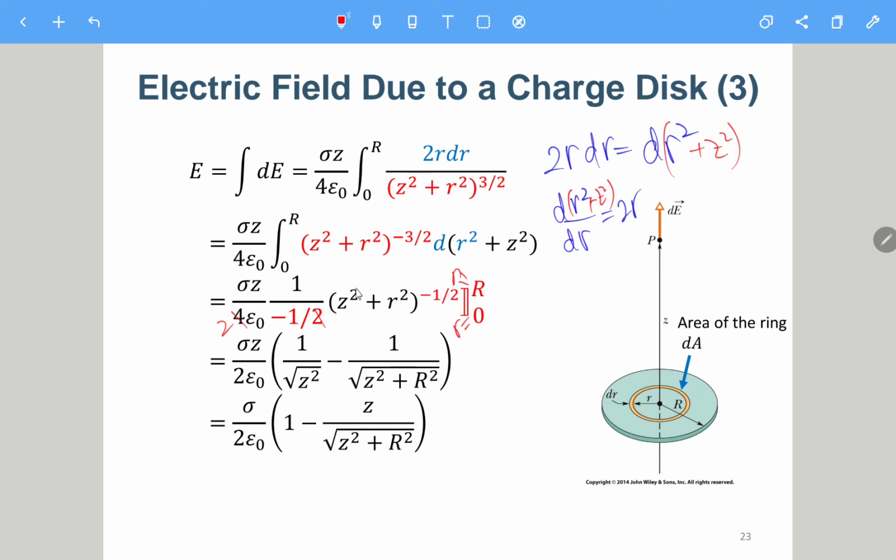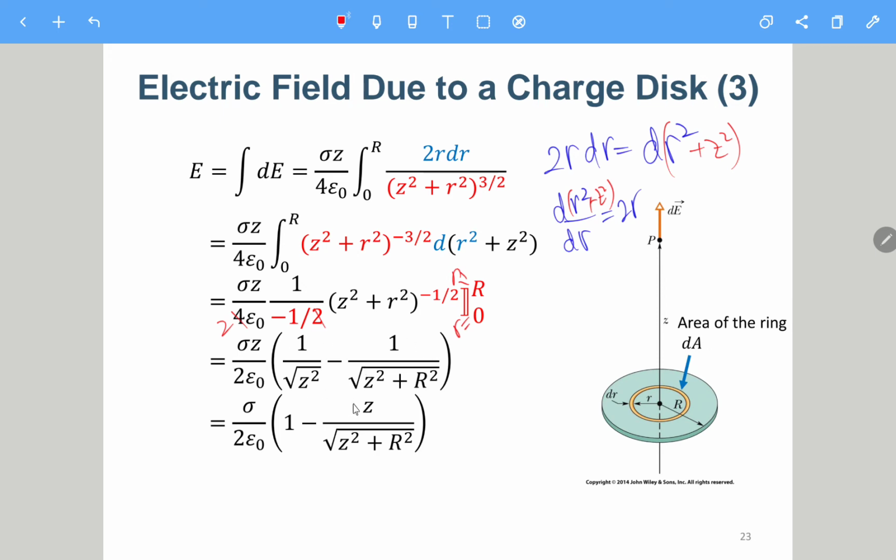So we have 0 square plus z square, and then take the negative 1 over 2 power, which becomes this term. And then minus, because we have a minus sign, we swap the lower and upper bound. So then we plug in r to be capital R: we have z square plus capital R square, and then take the square root in the denominator, like this.